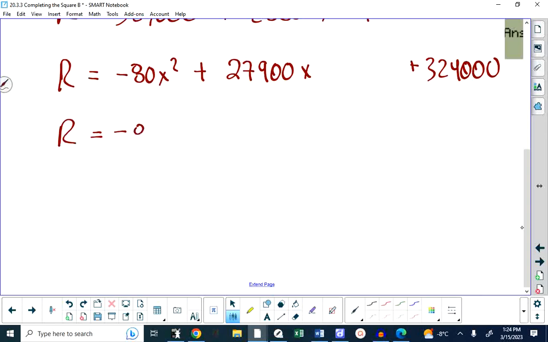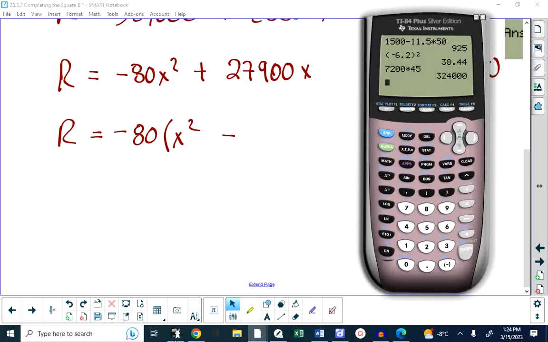Listen, the idea of what we're doing here is the same. The numbers are just bigger, that's all. I need to factor a negative out of a positive. I'm worried that that's not going to divide in evenly, but we're going to find out. It's okay.